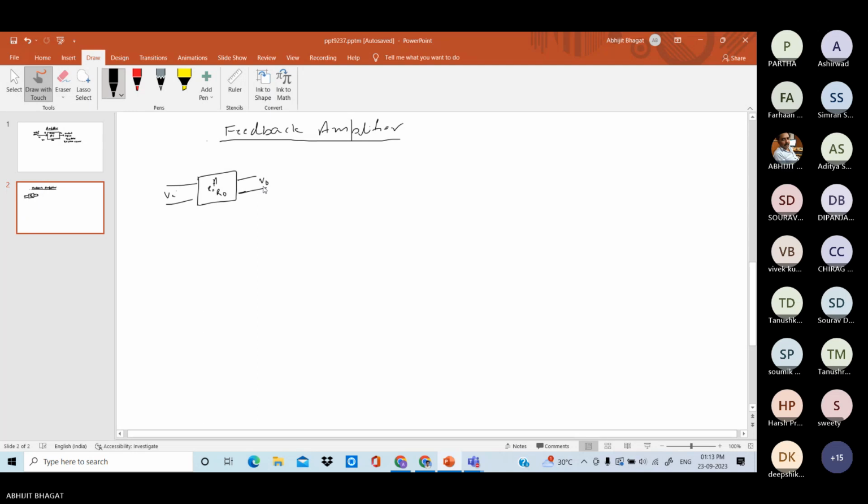Okay. Now, what is feedback amplifier? What is the concept of feedback amplifier? Sometimes we need to change this gain of the amplifier, this input impedance, and this output impedance. Sometimes we want to change this A, Ri, R0.